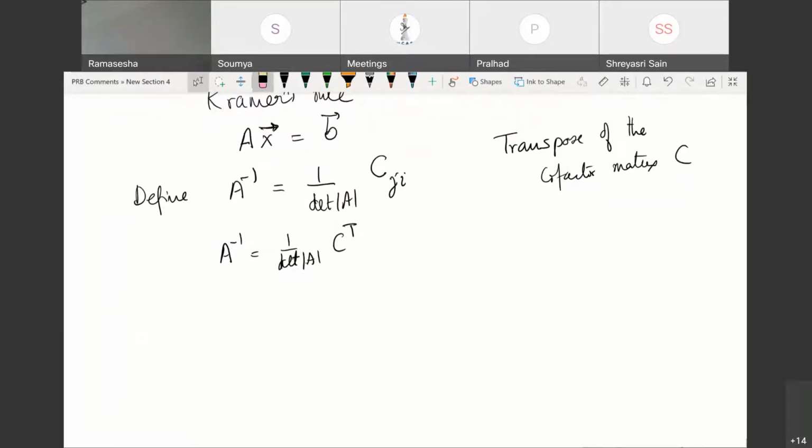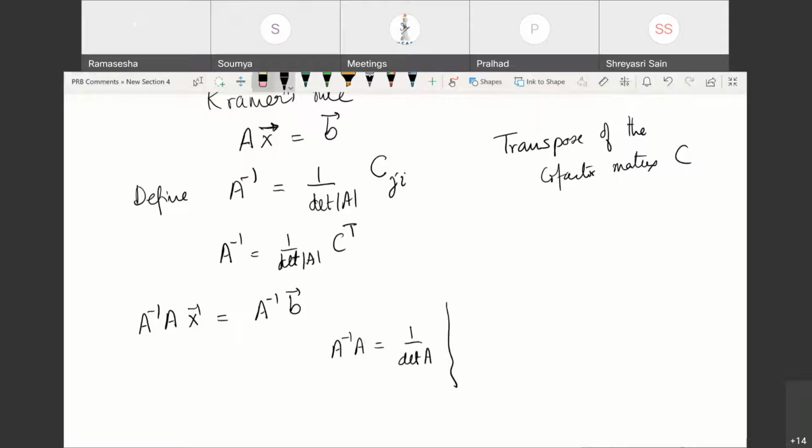So I multiply A inverse into A times X is equal to A inverse into B. Okay. So let us say, what is A inverse into A? It is I, but I want to show you.